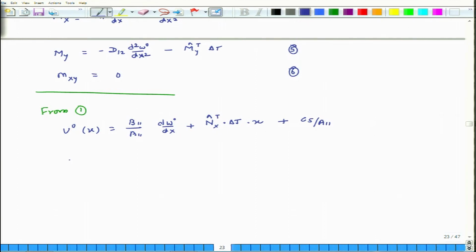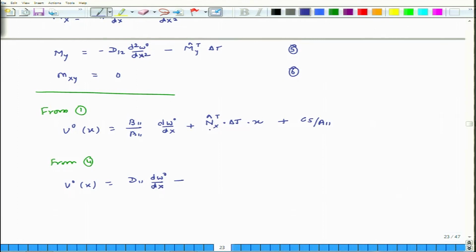The other thing is, so likewise from 4 we get another expression for u naught, and that gives us d11 dw naught over dx.